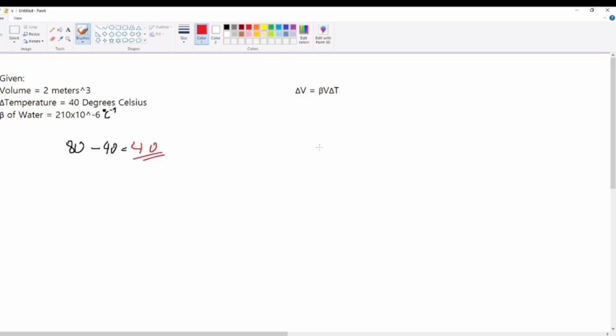And so once you put all of those together, you find delta V equals 210 times 10 to the power of negative 6 multiplied by 2 times 40, and you will get 0.0168 meters cubed of a positive change in volume.